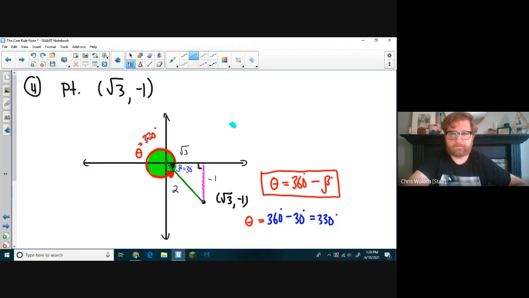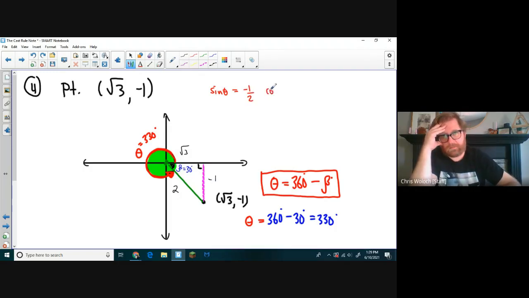is 330. Now we'll run the same experiment where we write our ratios out. So again, sine is going to be, and again, we're using the related acute as our angle of reference, sine is -1 over 2. Cos theta is adjacent over hypotenuse, so check it out. Yeah, cos is positive. Congratulations.